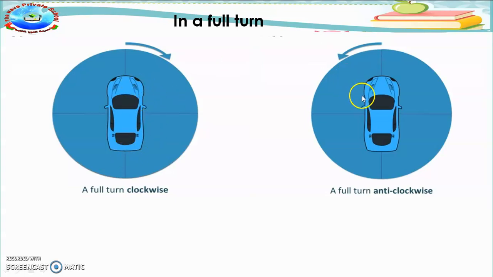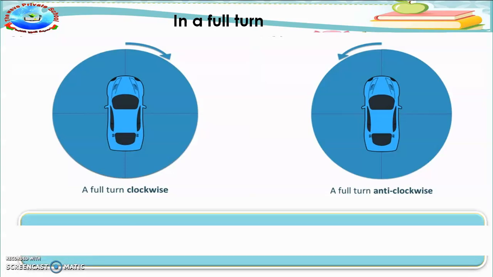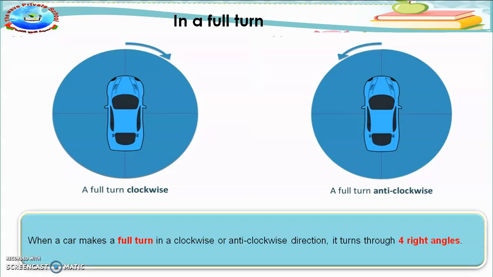Similarly, in an anti-clockwise turn, here also we have 4 quarters. That means 4 right angles are formed. Thus, when a car makes a full turn in a clockwise or anti-clockwise direction, it turns through 4 right angles.